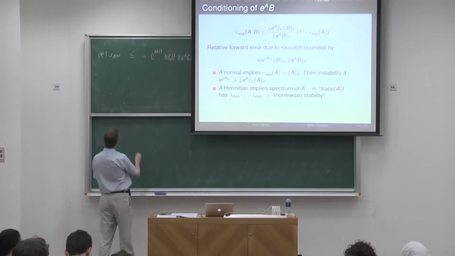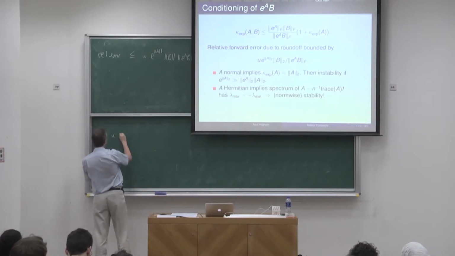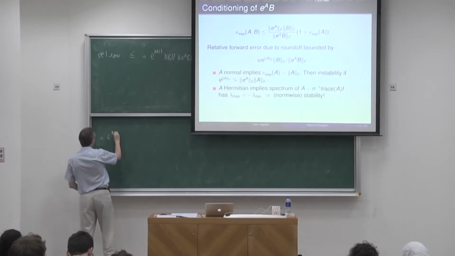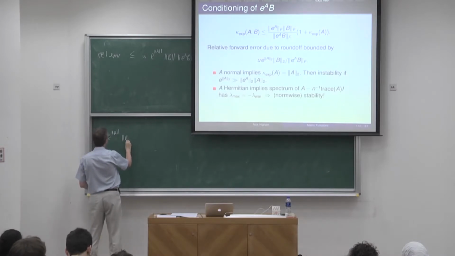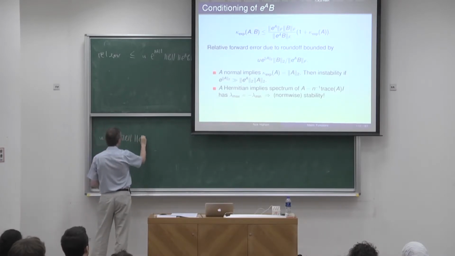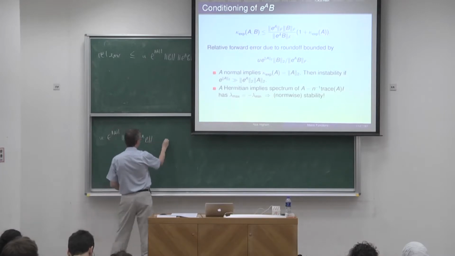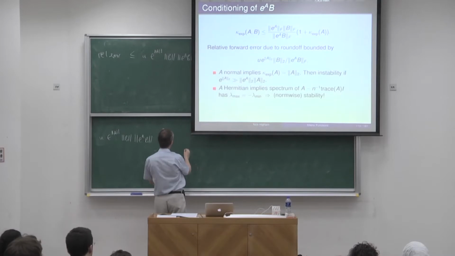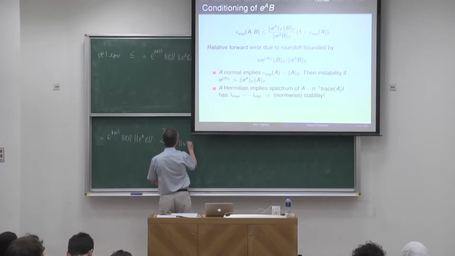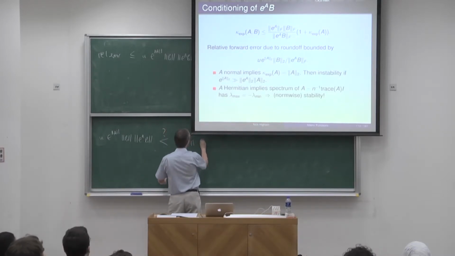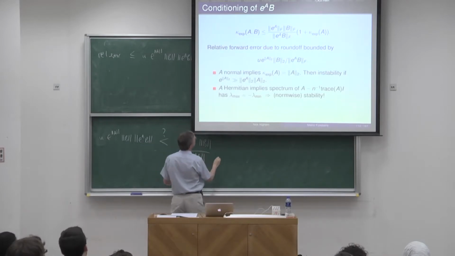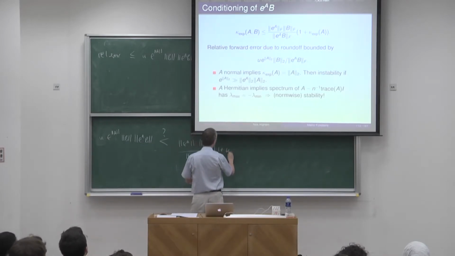Starting at the left here: u, e to the norm A, norm B, norm e to the AB, and I want that to be less than the sensitivity of the problem, which is norm of e to the A, norm B, e to the AB, and 1 plus kappa x.